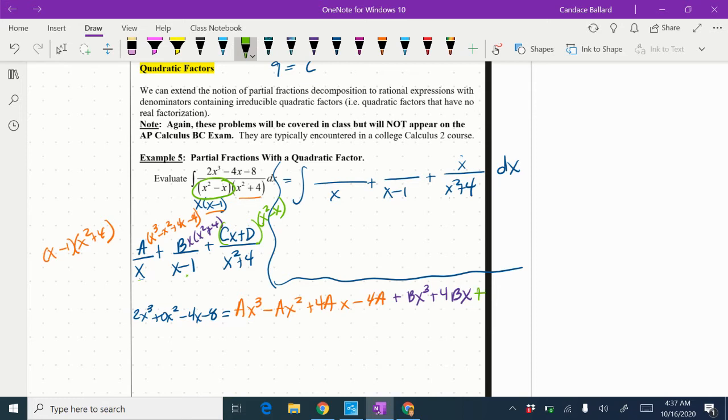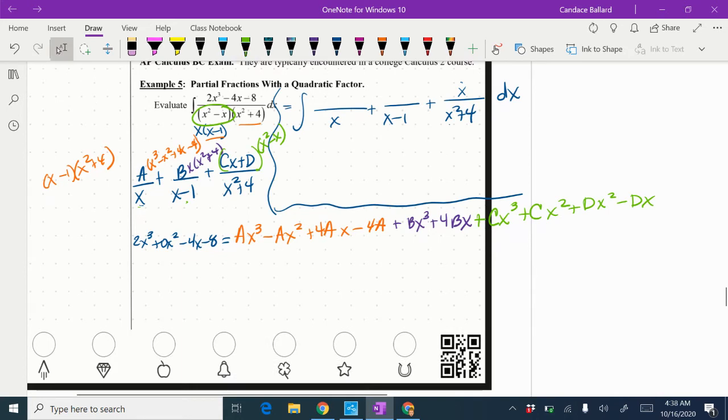So plus Cx cubed. So that's the firsts. I'm going to go with my outsides next. So plus Cx squared, and then my insides plus Dx squared, and then minus Dx. And that seems massive, but I don't think it is as bad as it seems once we break it down a little bit.